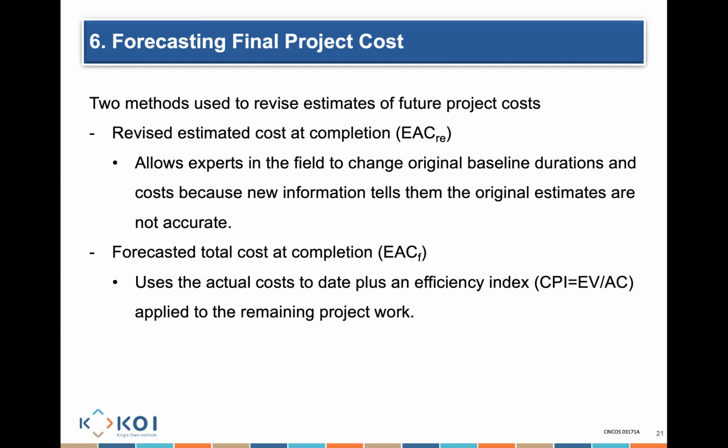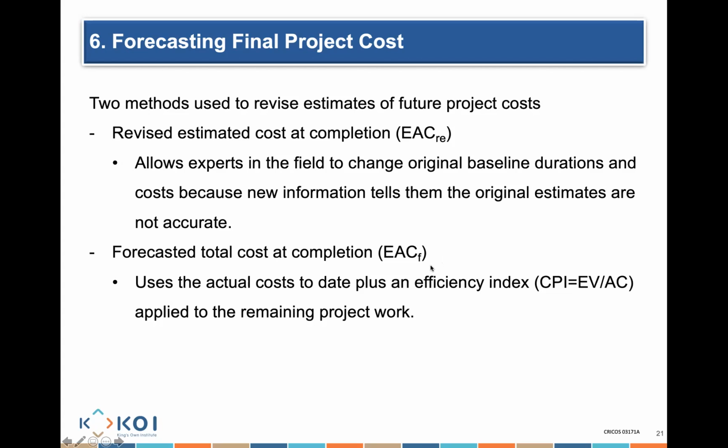There is a formula for that: BAC minus EV, divided by EV divided by AC, plus actual cost. So budget at completion minus earned value, divided by earned value divided by actual cost. All of this formula, I add to my actual cost, and that will help me get an estimate at completion, my forecast.